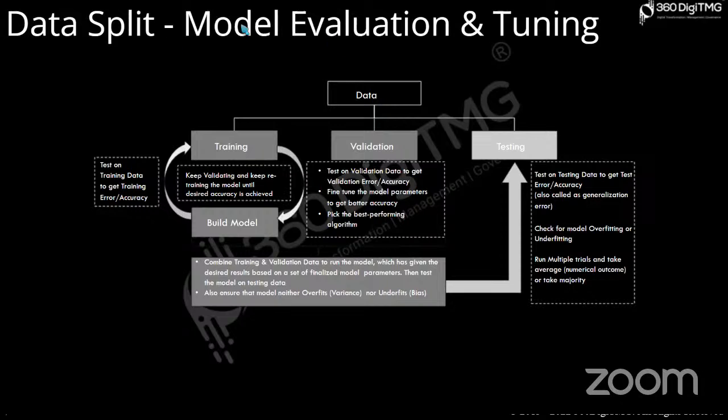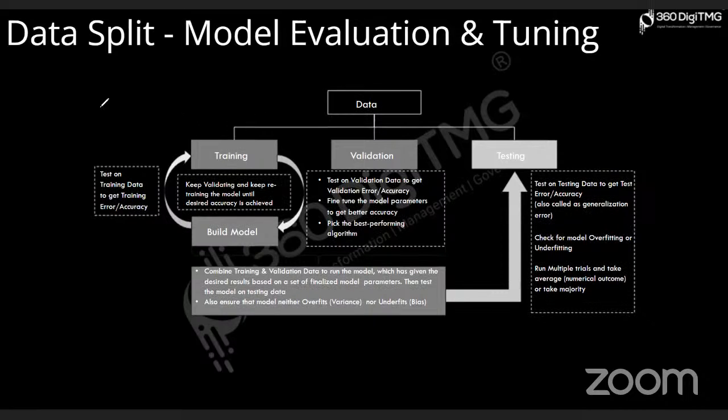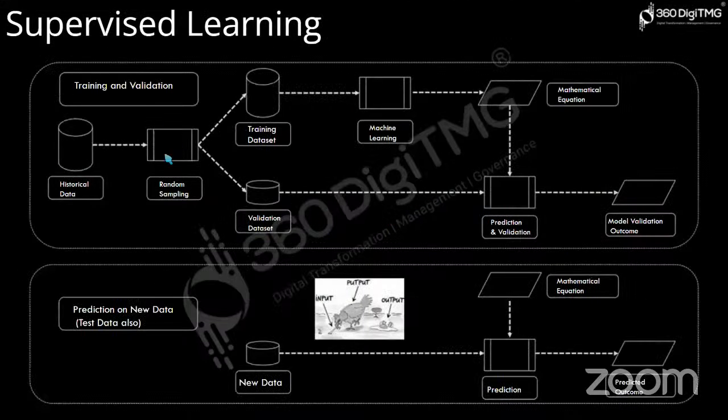Okay, now let's see how the splitting of the data is done. We saw that we had a training data set. Here we are doing random sampling to split our data. So how does this split work? Let us see.